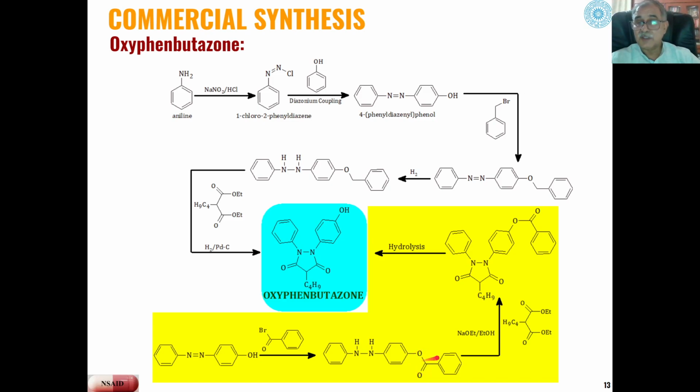Then this ester derivative having these two nitrogen will again condense with diester, we will get this thing. Then hydrolysis of this ester under acidic or basic medium will lead to the formation of the product.